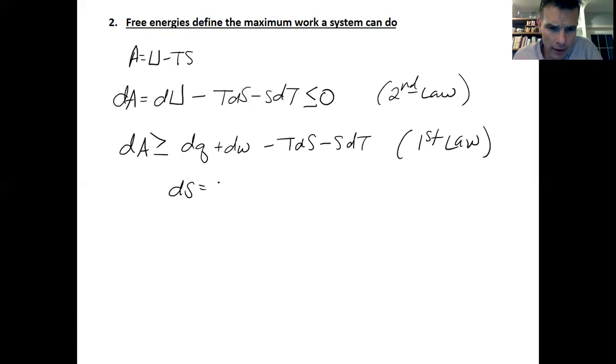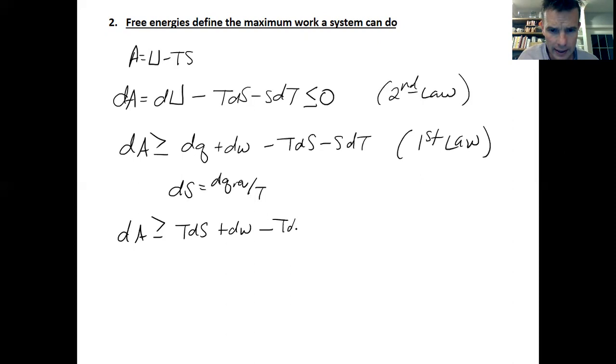And I might remember that dS is dQ reversible over T. So if I solve this for dQ and I plug it in, I get something which looks like this. dA is greater than TdS plus dW minus TdS minus SdT. Cancel, cancel. I have dW minus SdT.